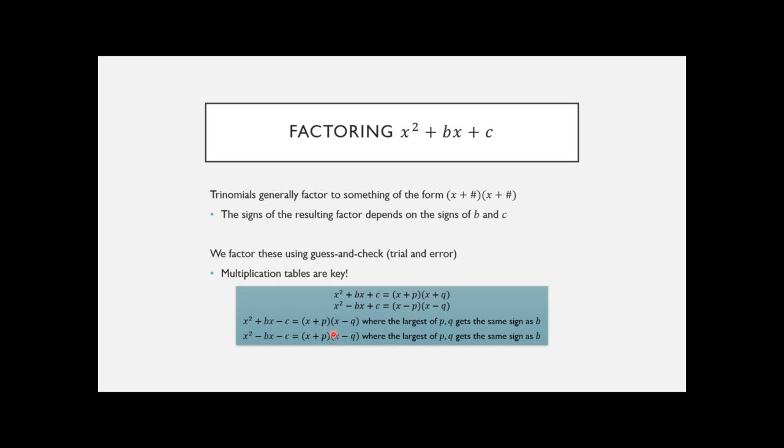Determining which one is positive and which negative is based off of the sign in the middle: the biggest of the two numbers gets that sign. That eliminates some of the guessing and checking, because a lot of the trial and error is knowing whether a number is positive or negative. This little box eliminates some of that for you because it determines your signs already. So it's a little bit less that you need to do, but you still have to do some guess and check.